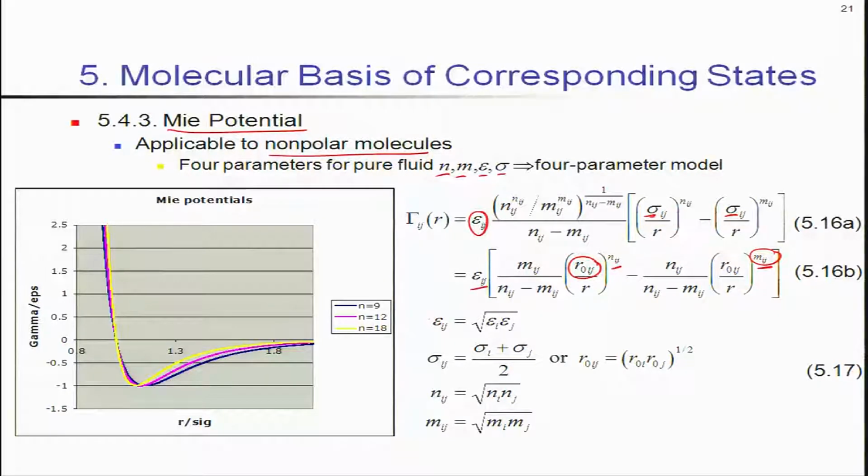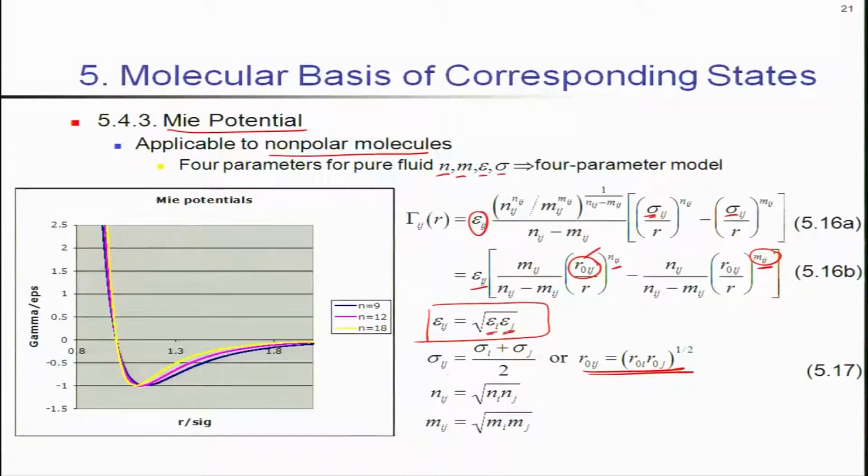Epsilon ij is basically the geometric mean of epsilon i and epsilon j, which are the corresponding well depths of particle or molecule i and molecule j. Sigma ij is nothing but the average of the diameters. Similarly, for sigma we can consider this, or we can also consider it in this form.